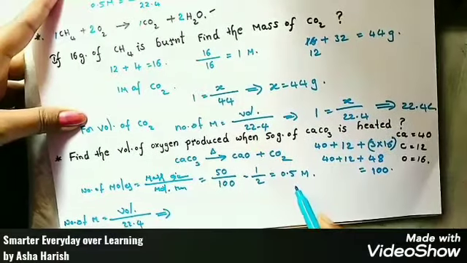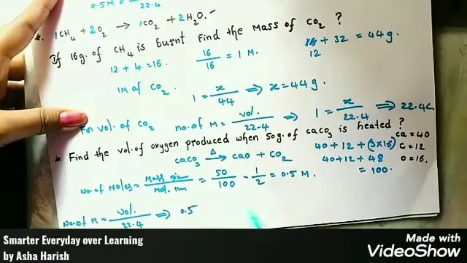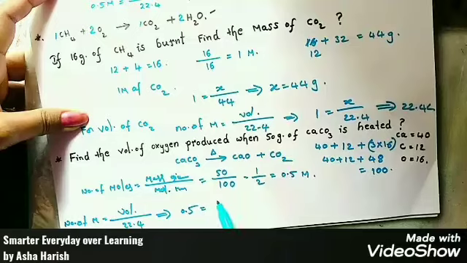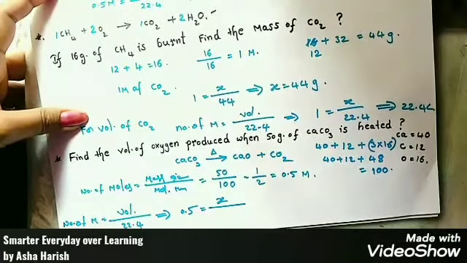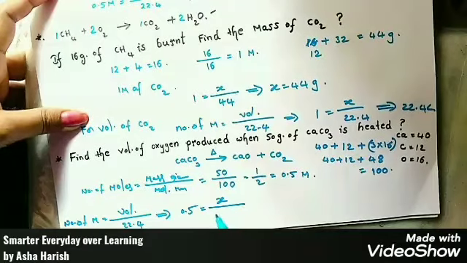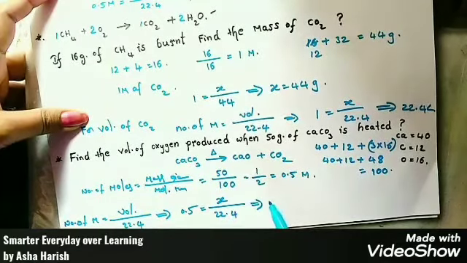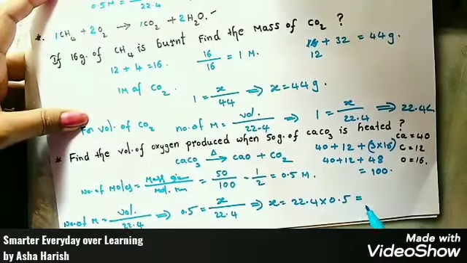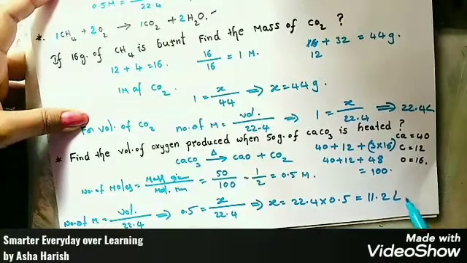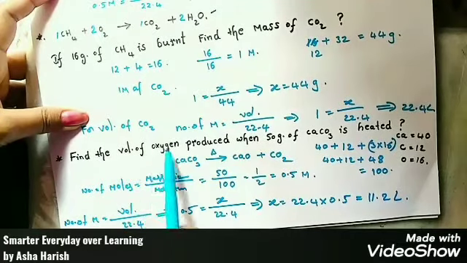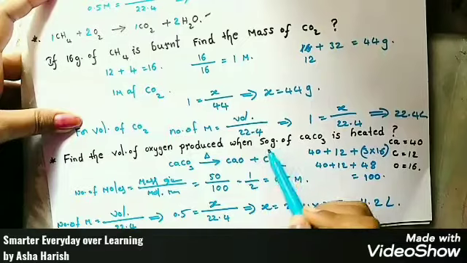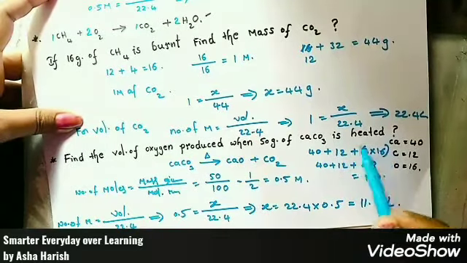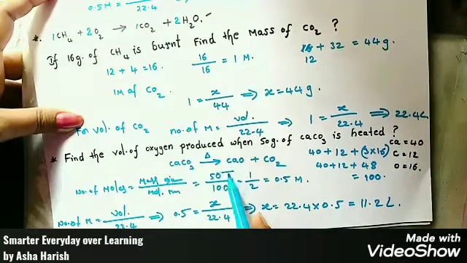So the number of moles you got finally here, 0.5, is equal to the volume, which you have to find out, so you can take it as x, by 22.4, students. So x is equal to 22.4 into 0.5, 11.2 liters. So the volume of oxygen is finally 11.2 liters when 50 grams of calcium carbonate is heated. This is the chemical equation for this.